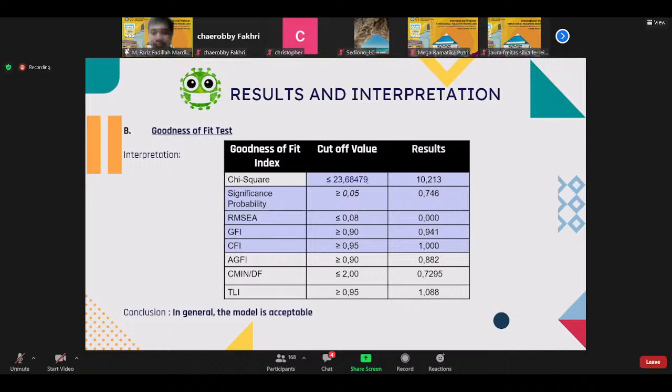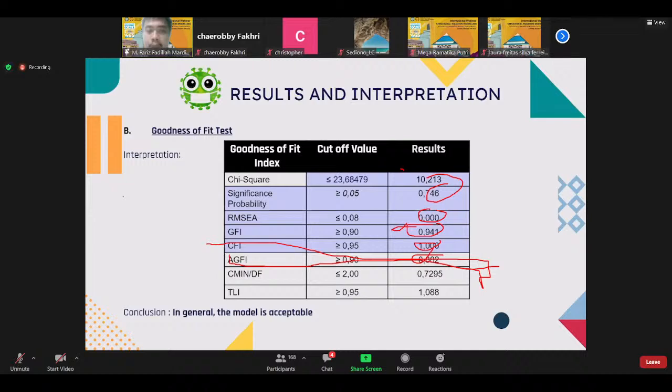And then the significance probability is greater than the cutoff value, the RMSEA is less than the cutoff value, and GFI is greater than the cutoff value. GFI is good also, and AGFI, okay, this is AGFI, it is not greater than 0.9, but don't worry, the model is acceptable. We will investigate reliability, significance, and validity related to the result.